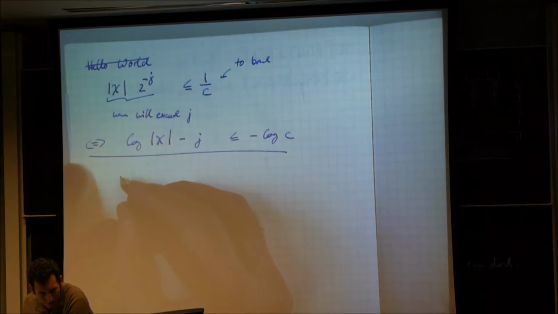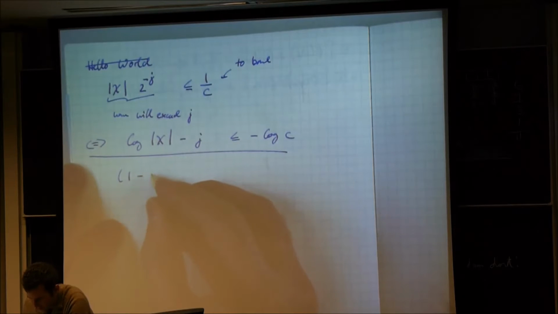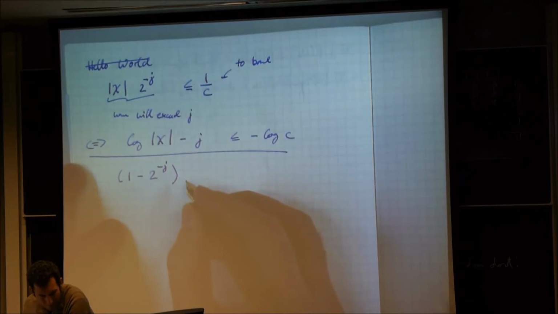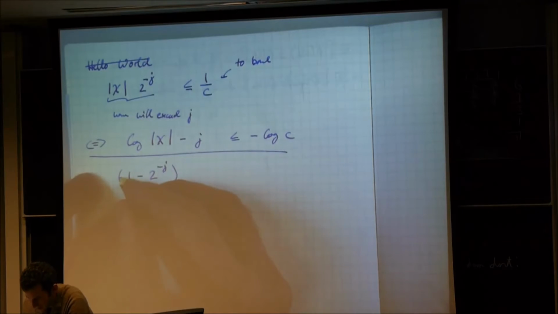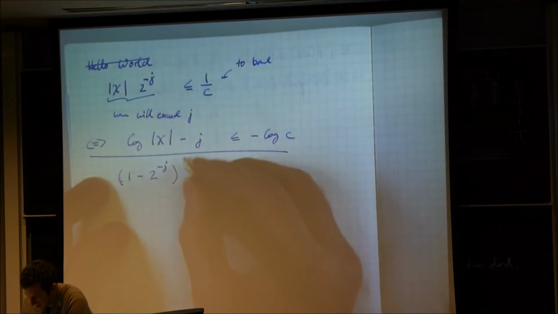So the probability of not exceeding that threshold is bounded by 1 minus 2 to the minus j. And now, since I need to make sure that none of them exceeds it, I have to bound it by x.